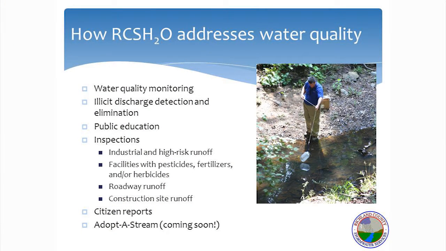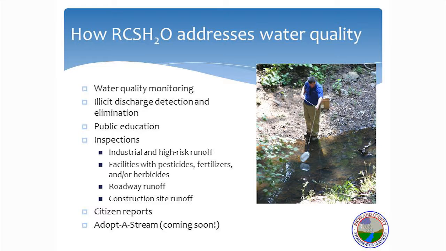How do we address water quality? We do a lot of different things in our division. We have water quality monitoring stations set up throughout unincorporated Richland County, and we called it ambient, but now we have to change it.